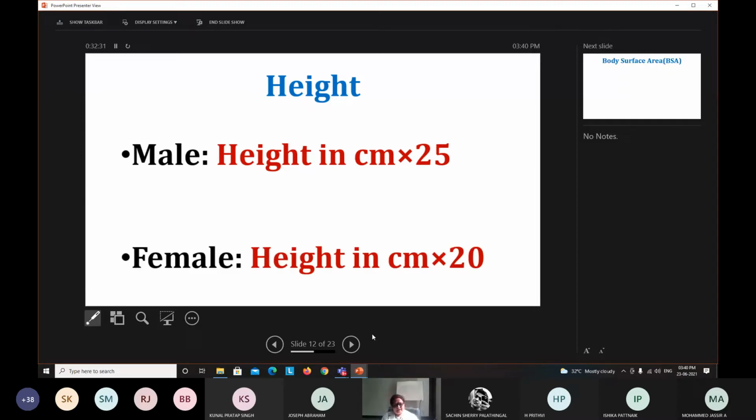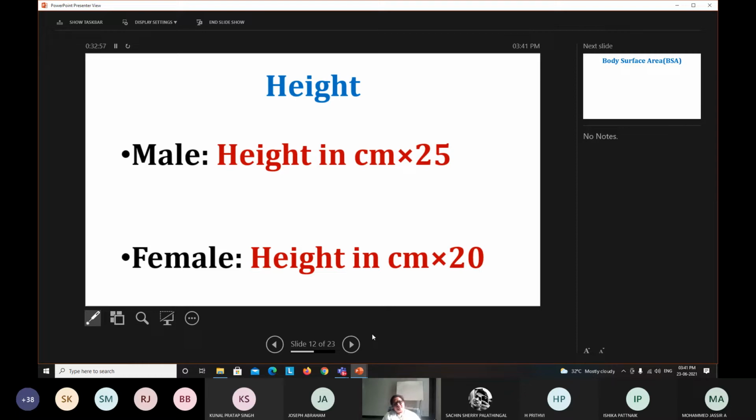For female, the formula is height in centimeter into 20. Say, for example, the girl is 160 centimeter. If you calculate for her, 3200 ml will be the vital capacity for her. This is just an example.